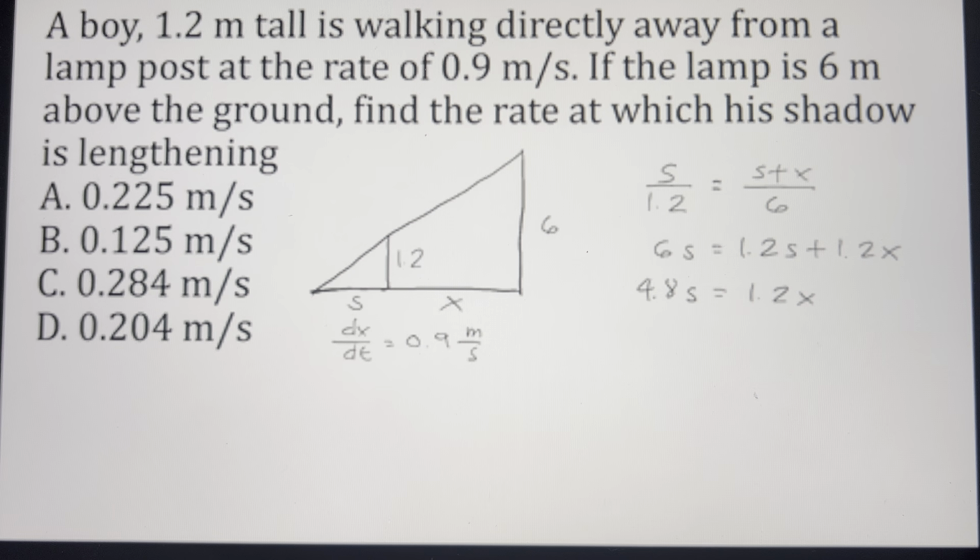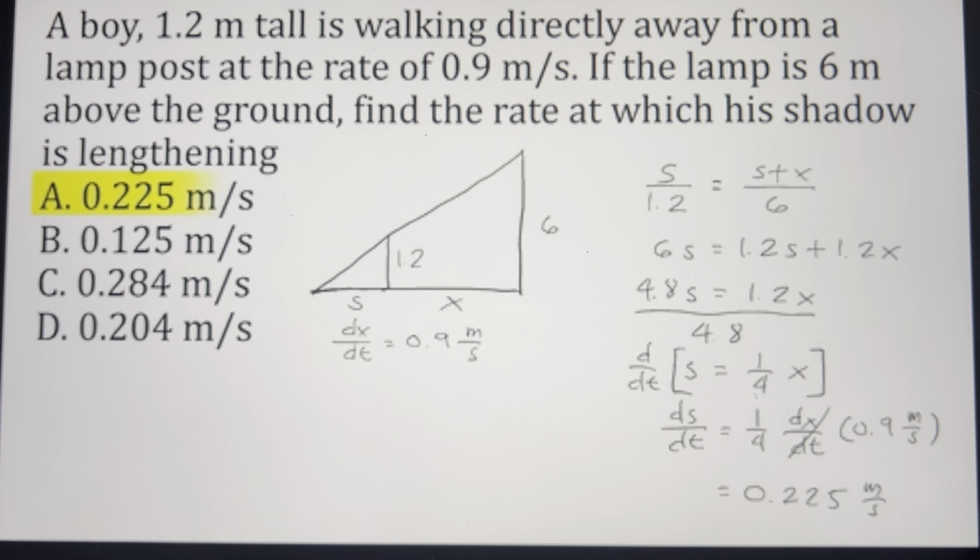Then dividing both sides by 4.8, s will be 1/4 of x. Getting the derivative of both sides with respect to time, ds/dt is 1/4 of dx/dt, and dx/dt is 0.9 meters per second. So what is our final answer? This is 0.225 meters per second.